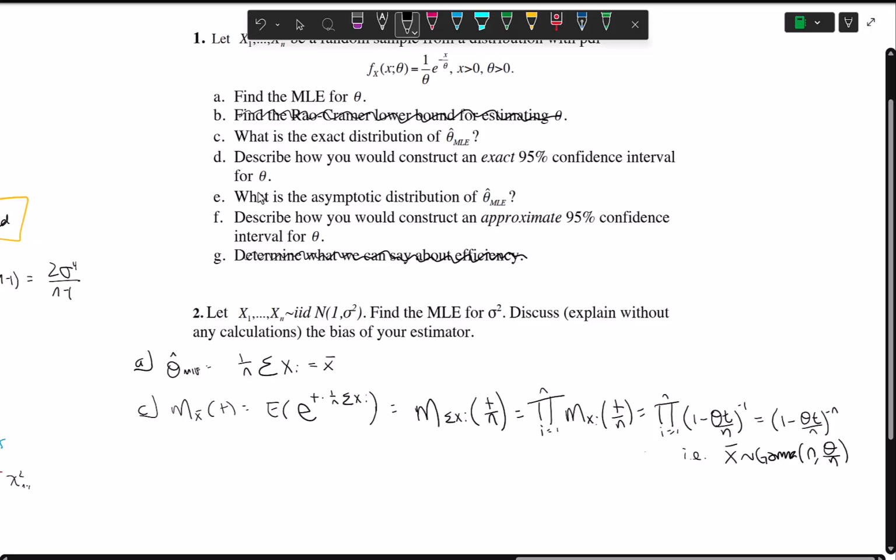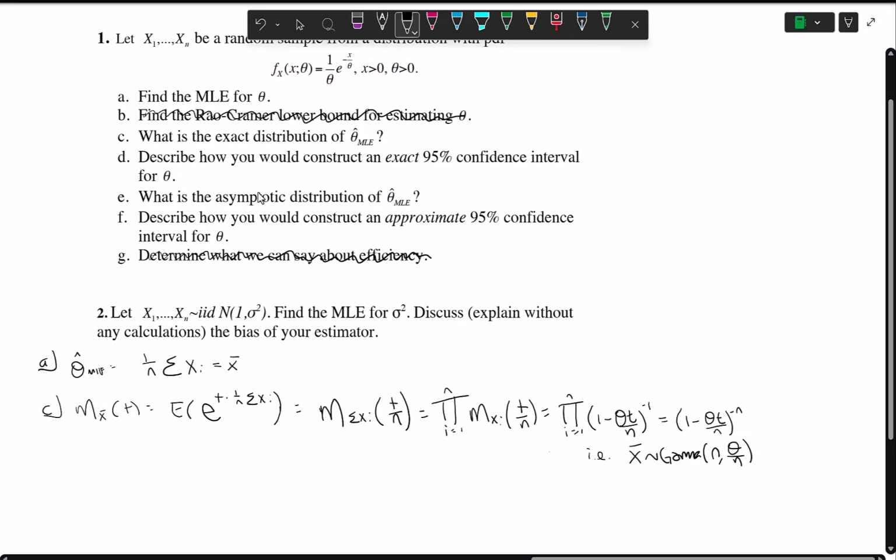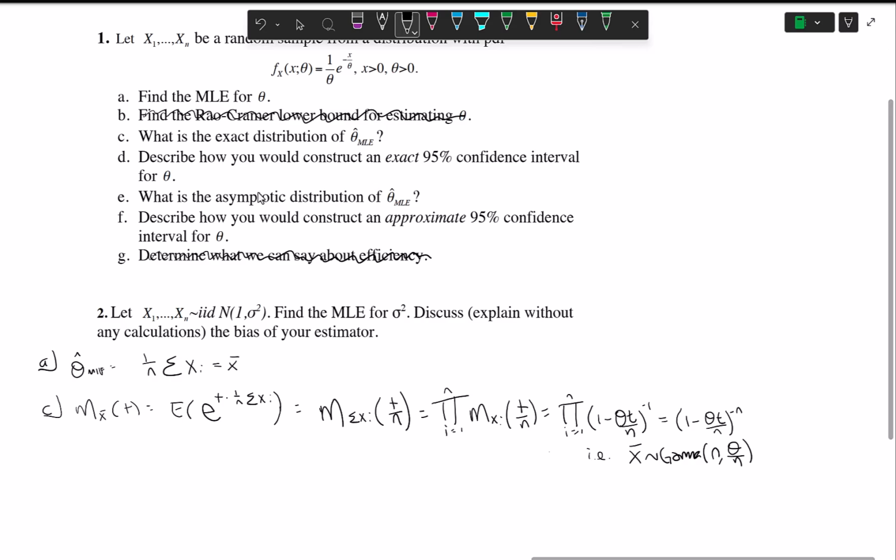Part C is what we just did. Part D says describe how you would construct an exact 95% confidence interval for theta. Describe means essentially do it. We can use the gamma distribution itself, but since we're so close to a chi-square, I want to make this a chi-squared. To make this a chi-squared, we need beta to be 2.